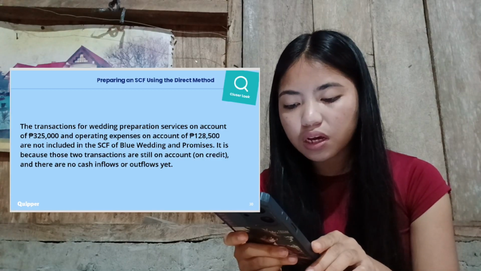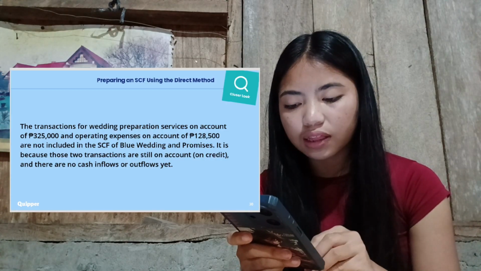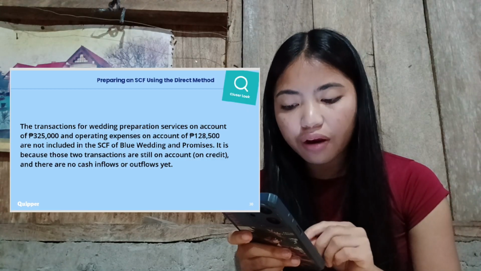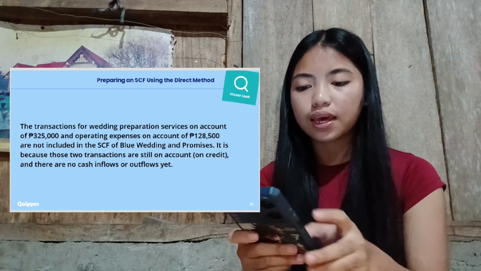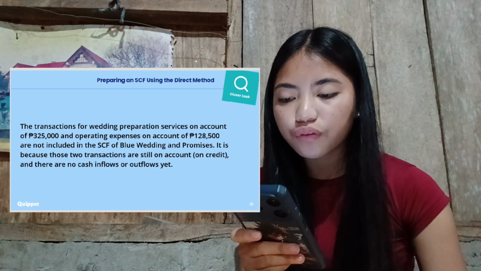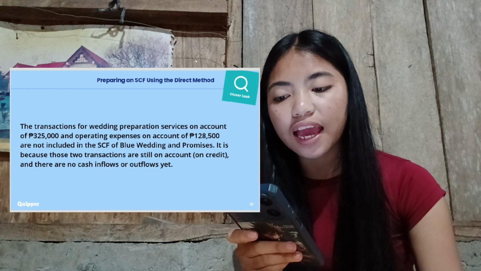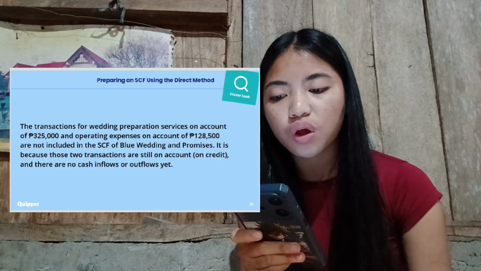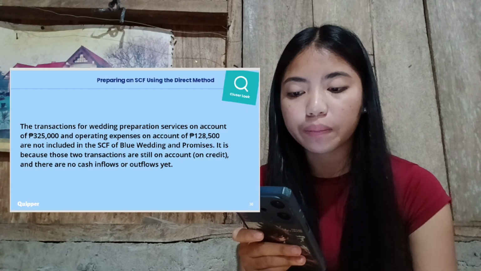It is because those two transactions are still on account or on credit, and there are no cash inflows or outflows yet. So as what you've observed, naa duha ka transaction nga wa na apil. Ang 325,000 pesos o kaning 128,500 pesos.